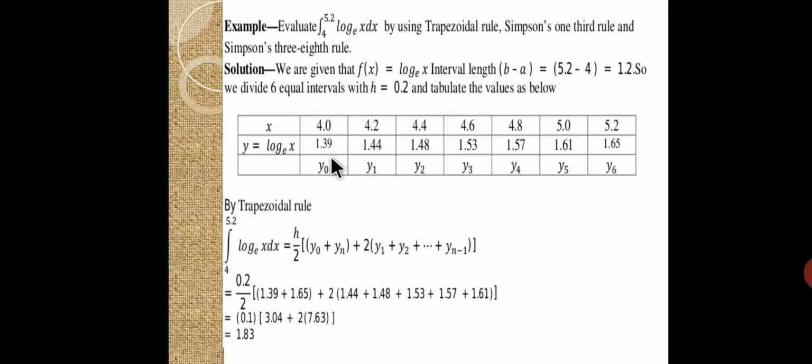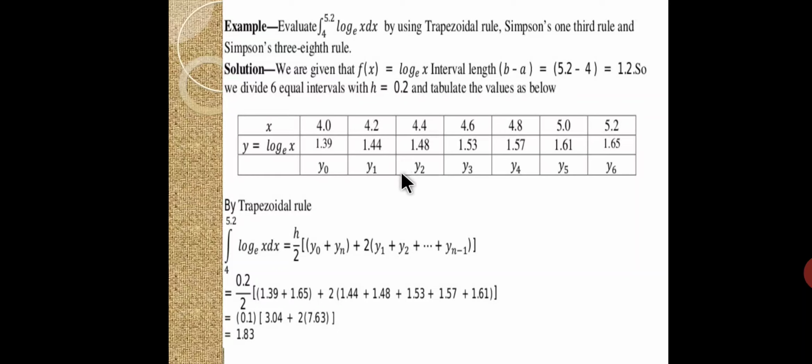So y0 is equal to log 4, that value is 1.39. y1 is log 4.2, the value is 1.44. y2 is log 4.4, the value is 1.48. y3 is log 4.6, the value is 1.53. y4 is log 4.8, the value is 1.57. log 5 is 1.61. y6 is log 5.2, the value is 1.65.